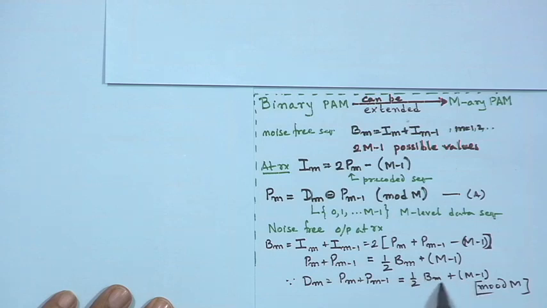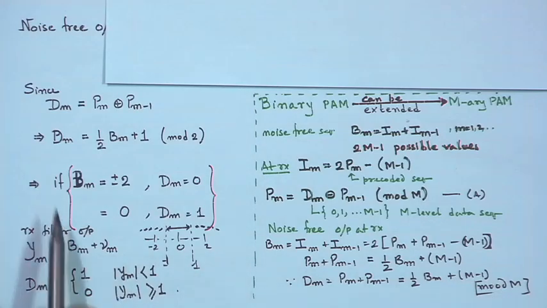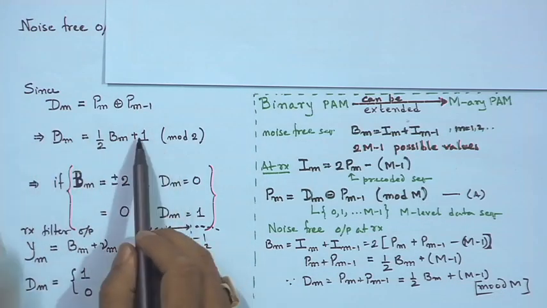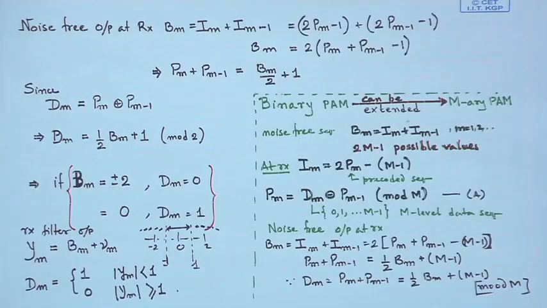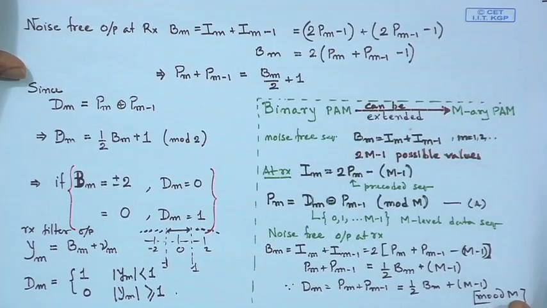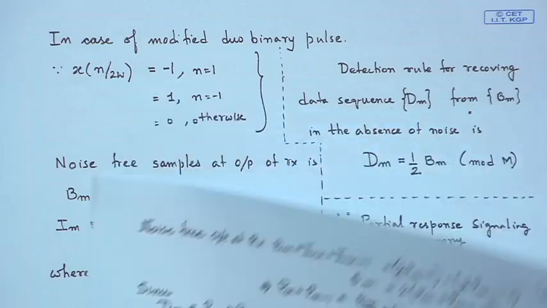That means, we take b m and we would decide on the value as we did for the binary situation, right. So, that way we can easily extend this to M-ary PAM and get our received signal.